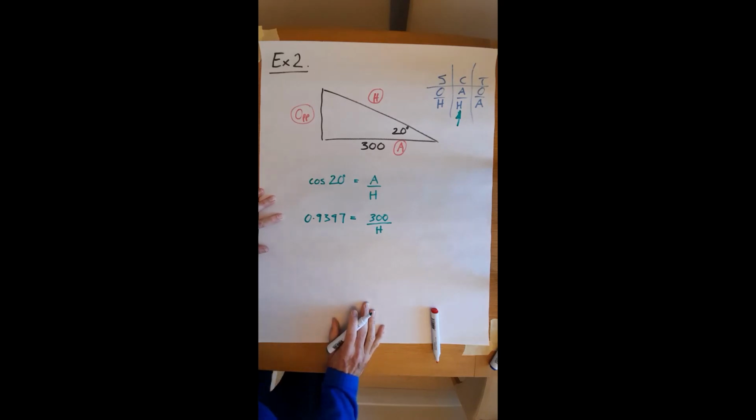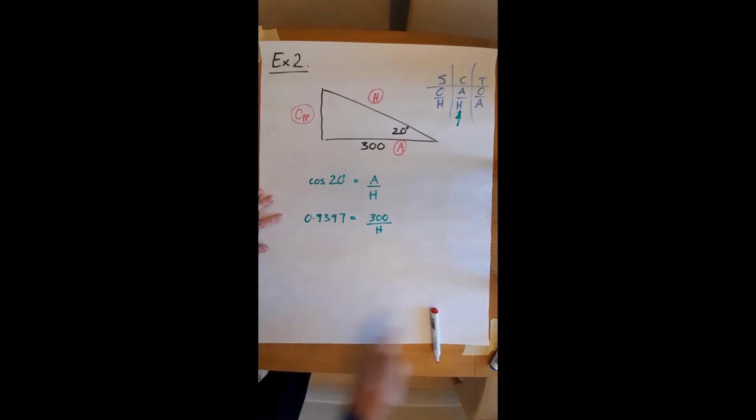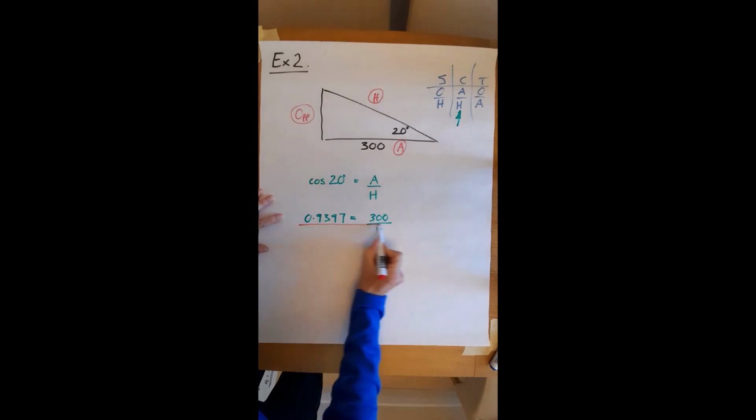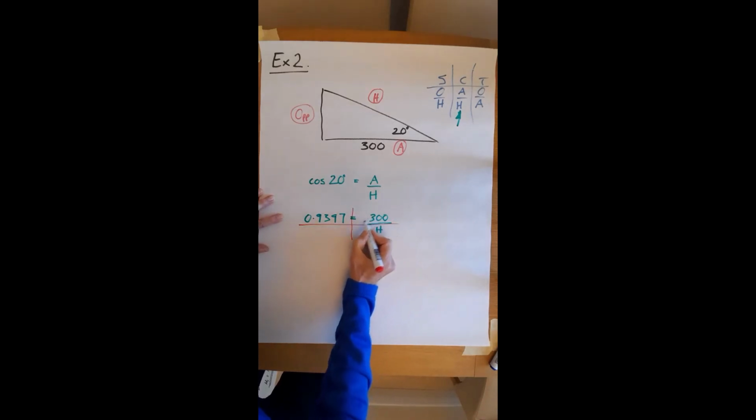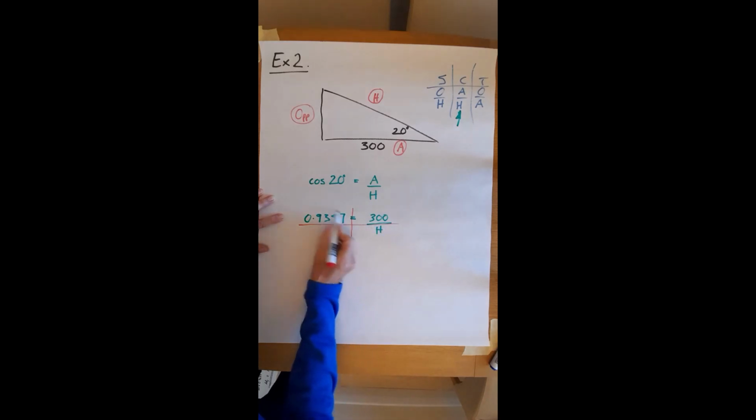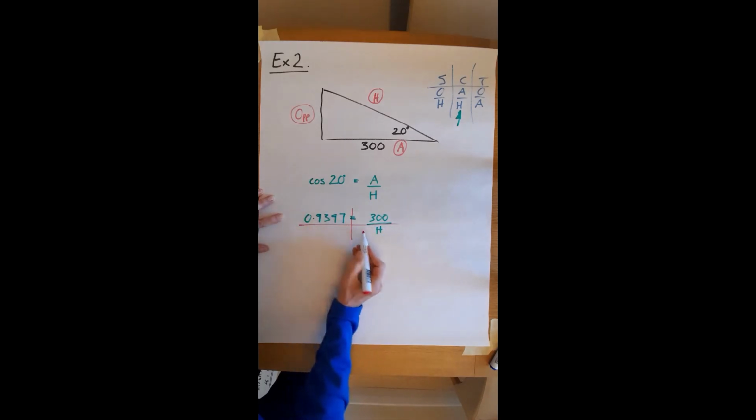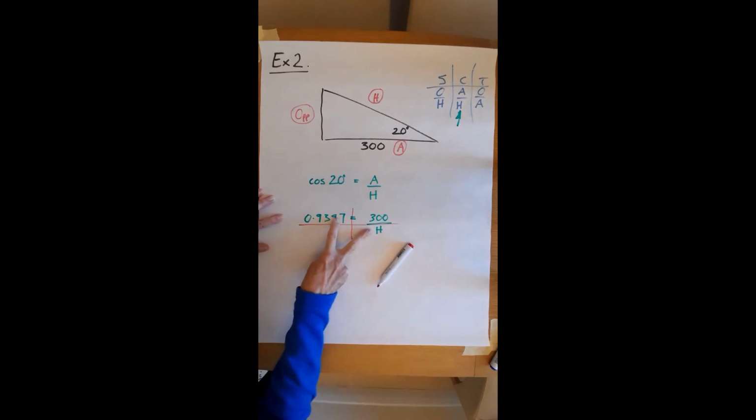So at this point you're in the transposition mode again. So if we do this and this, we cannot just move 300 under there because that doesn't leave H, that leaves 1 over H. We need to move the H to the top and this then needs to move out of the way, and these two just swap places.